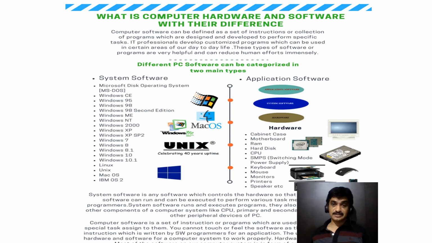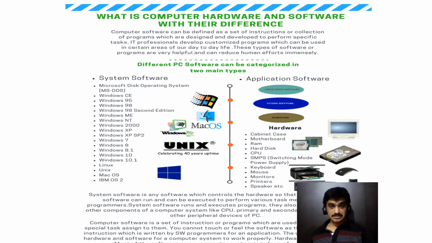It is Windows 10 or Windows 8, Windows 7, Windows XP or Windows Vista, Windows Starter, Windows 2000. These are all the Windows series. Just see how they have been upgraded to Windows 10, which is running presently. Even other platforms are Linux, Unix, Mac OS, IBM OS/2. These are the system softwares.